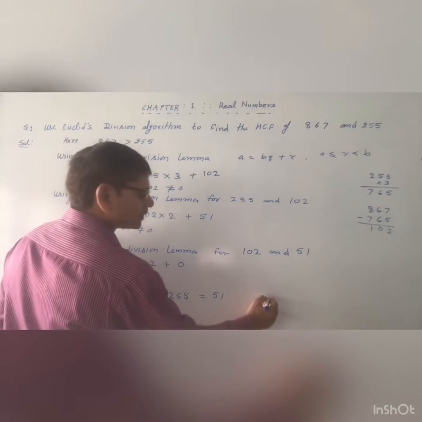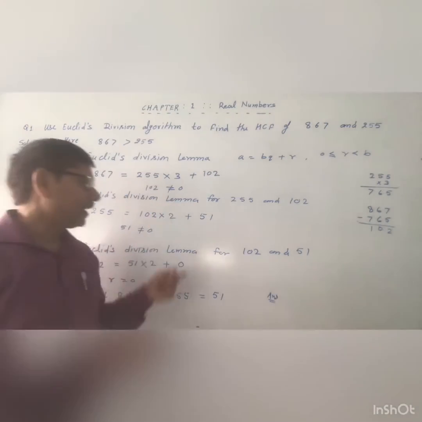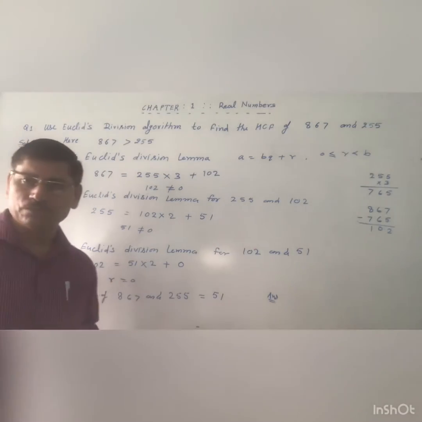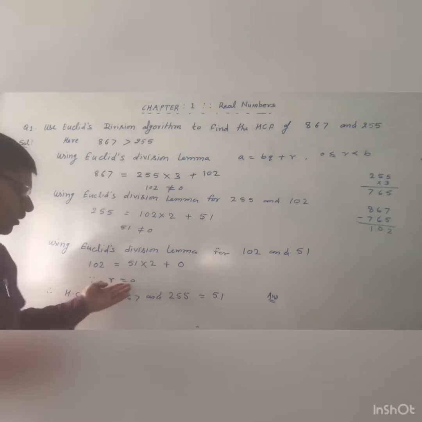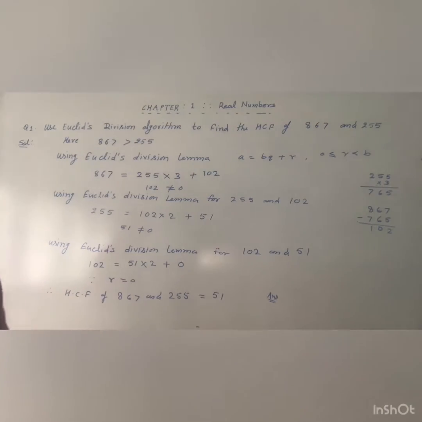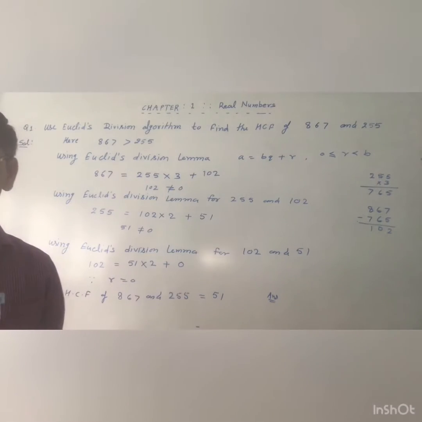So this is the answer of this question. You will apply this Euclid division lemma till you get 0. When you get R equal to 0, then the process ends and you get the final answer. So this is the HCF of the given numbers.